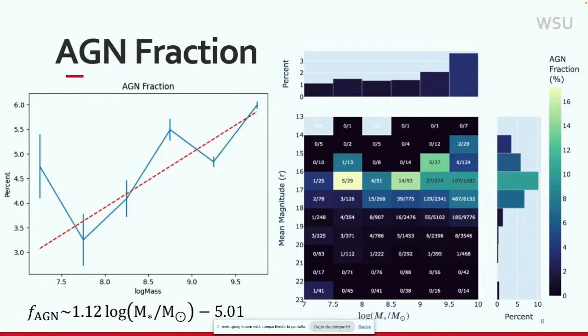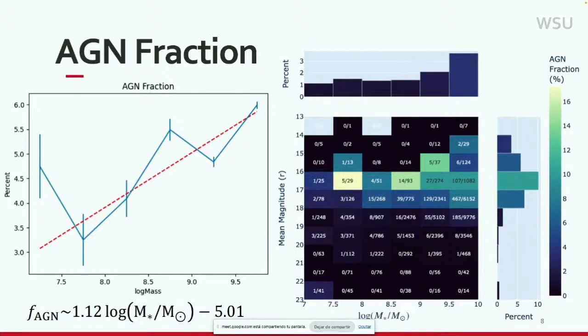And so the results of that are shown on the left. As you can see, we don't have very many points, and we have this red dotted line, but I don't know if I would necessarily trust that per se. However, given our results, we do see a positive slope for the AGN fraction in this regime. And I have the formula that we found underneath.